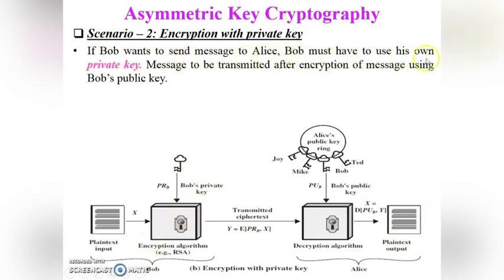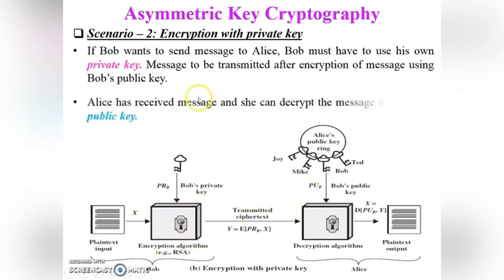In the encryption algorithm, the input is plain text and Alice's public key. Here PU denotes the public key and A denotes Alice's public key. So the input of the encryption algorithm is Alice's public key and the plain text, which is the original message to be transmitted, encrypted using Alice's public key.